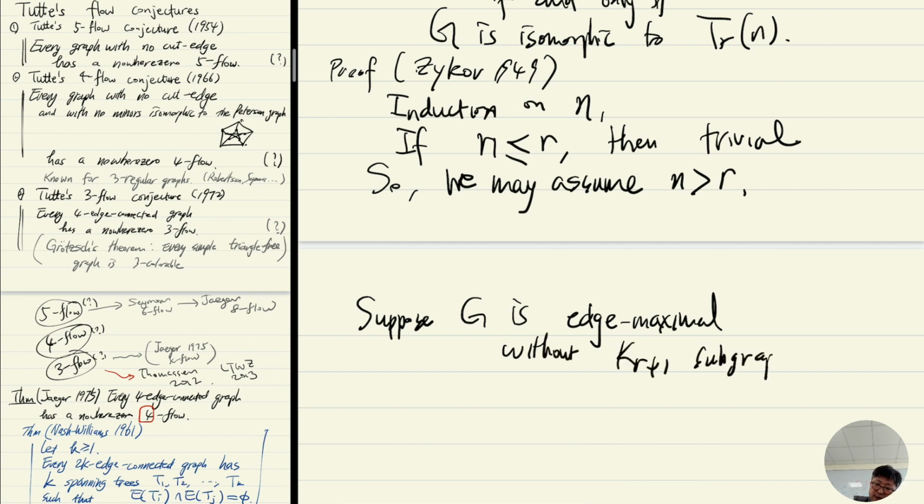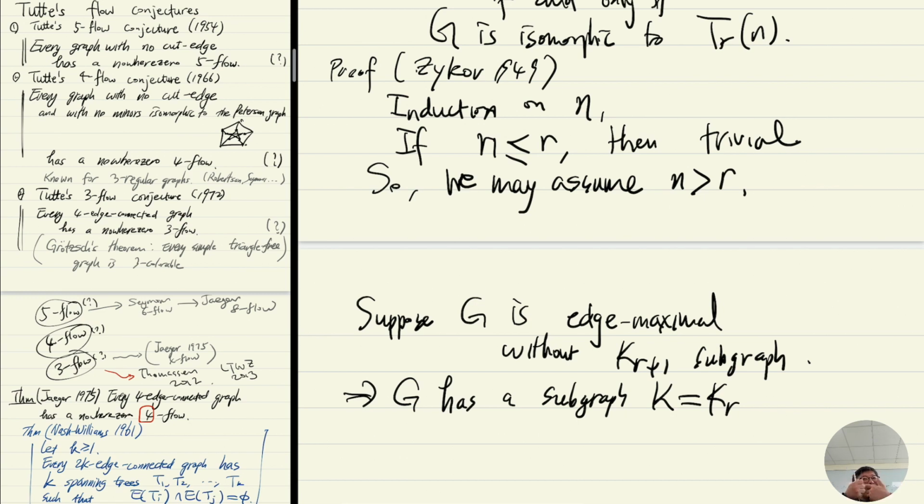So what I mean is, I can assume that adding any edge to G will make a KR plus 1 subgraph. So that means I must have a complete graph on R vertices. Why? Because if I add an edge, I have a KR plus 1.